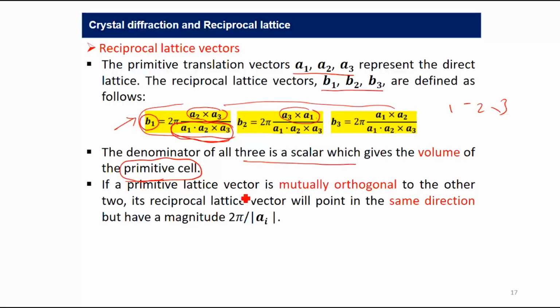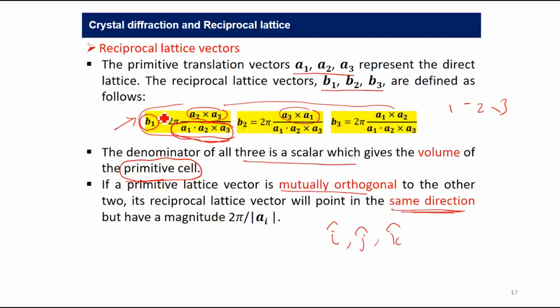If a primitive lattice vector is mutually orthogonal to the other two, its reciprocal lattice vector will point in the same direction. What do you mean by this? Any example of mutually orthogonal vectors? Yes, we have i cap, j cap, k cap. These are mutually orthogonal, right?